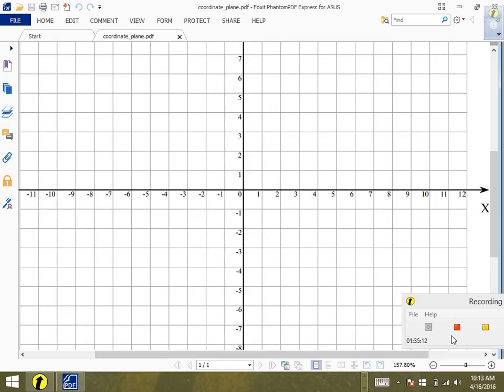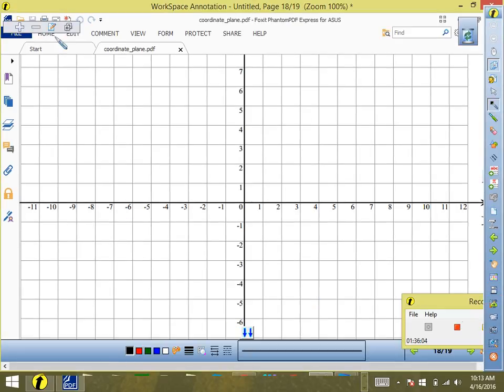A new coordinate plane. We're on 11, what? 12 super cube. This one is number 12 super cube. And I want you to graph this line.